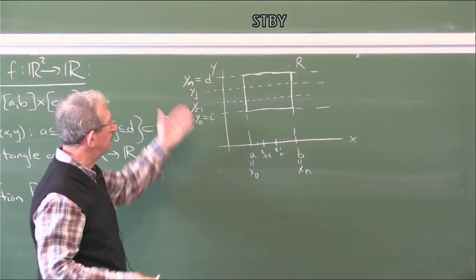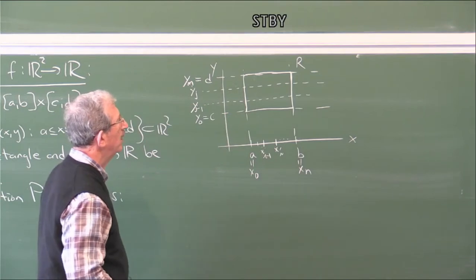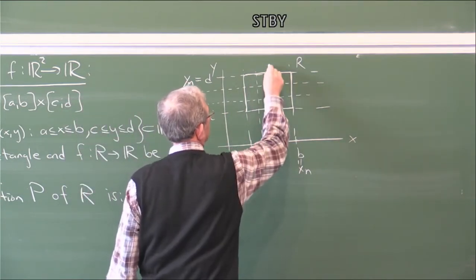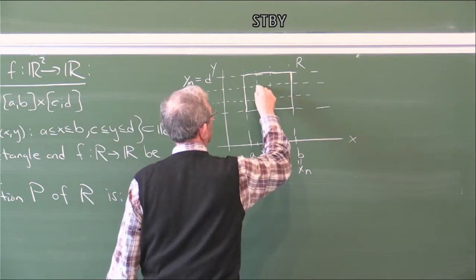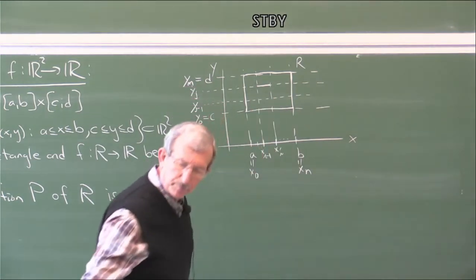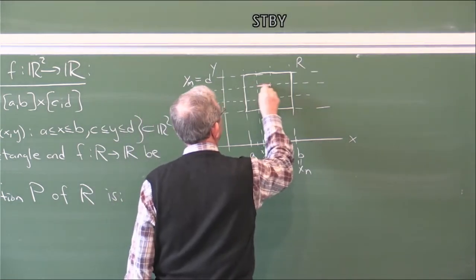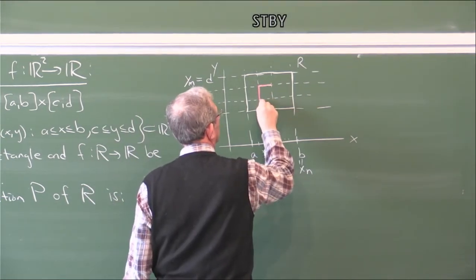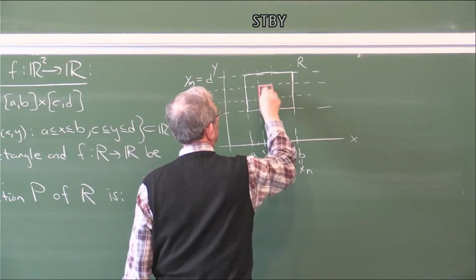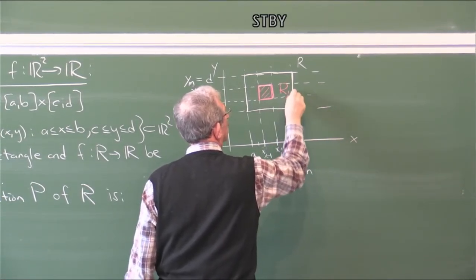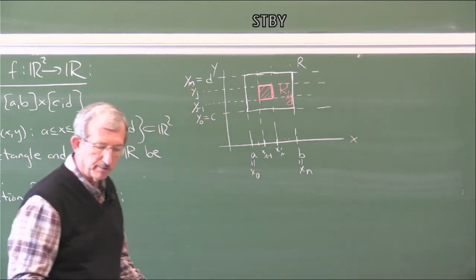Well, they don't have to be the same, n and m. So this gives me a rectangle which I will call the rectangle R sub ij.